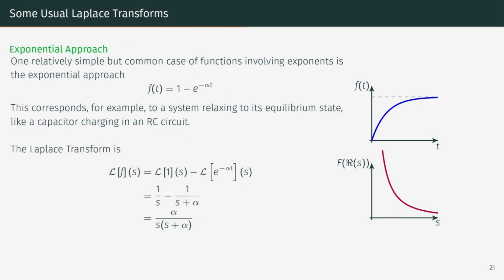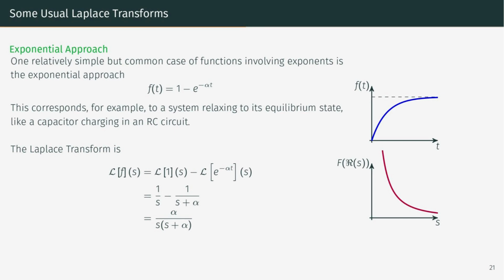One relatively simple but common case of functions involving exponents is the exponential approach. Like the function f of t equals 1 minus e to the negative alpha t, where alpha is some real constant. This corresponds, for example, to a system relaxing to its equilibrium state, like a capacitor charging in an RC circuit.